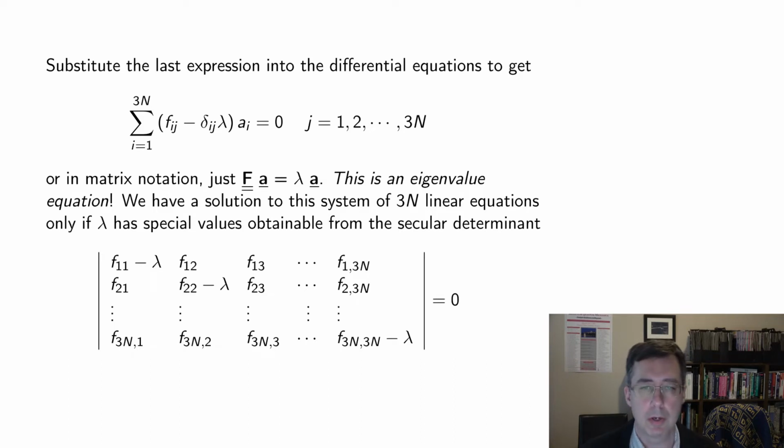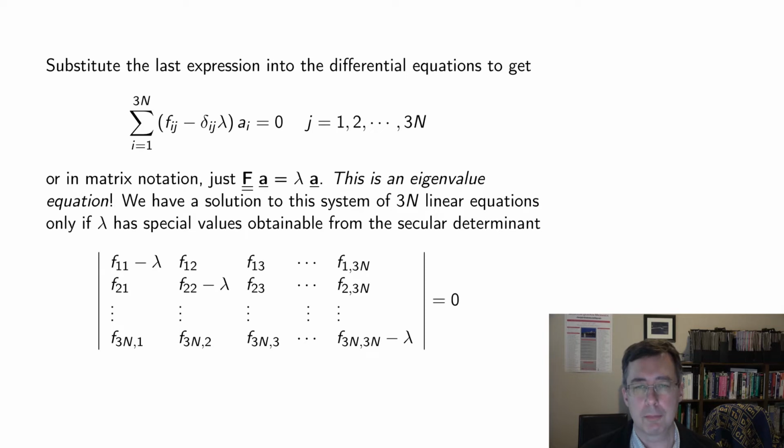There are 3N equations, one for each coordinate: F_ij minus Kronecker delta ij, which is just 1 if i equals j, or 0 otherwise, times this value lambda, times some coefficient a_i that I had on the last slide, equals 0. And so all of those nasty coupled equations become uncoupled and give simple solutions if this equation is true.